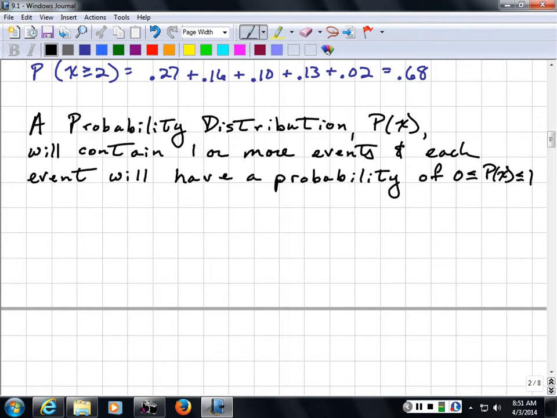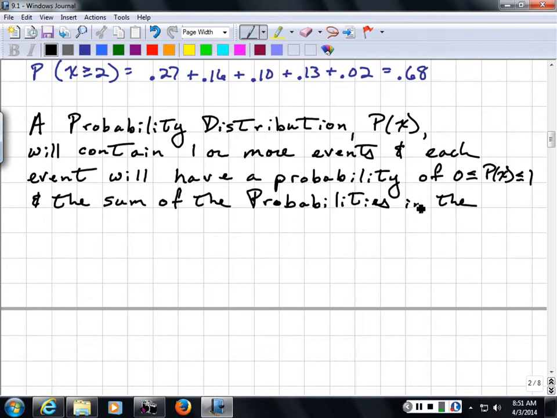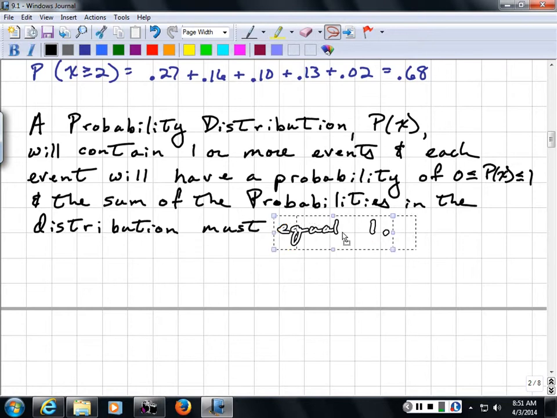And the sum of all the probabilities in that distribution must be equal to 1.